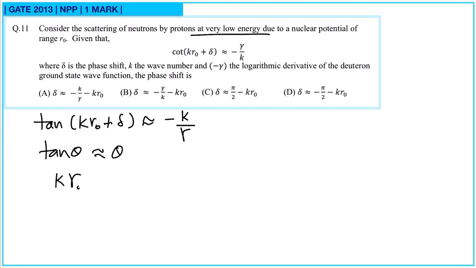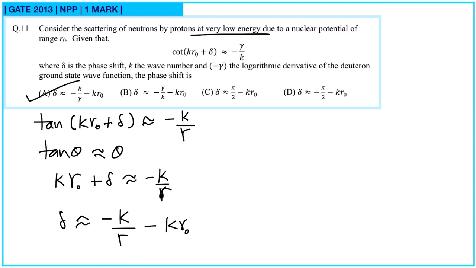So that means k R0 plus delta will be nearly equal to minus k by gamma. So that means delta will be nearly equal to minus k upon gamma minus k R0. So here option A is correct.